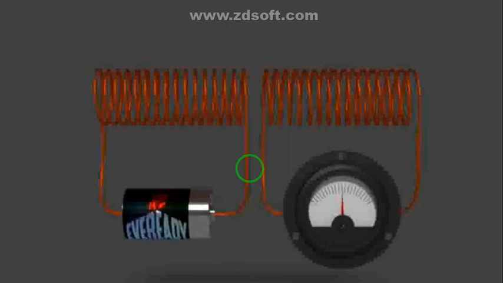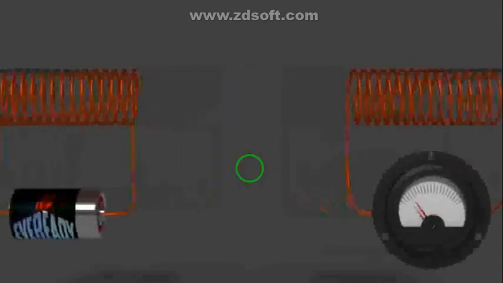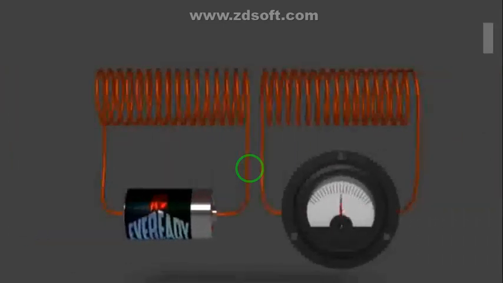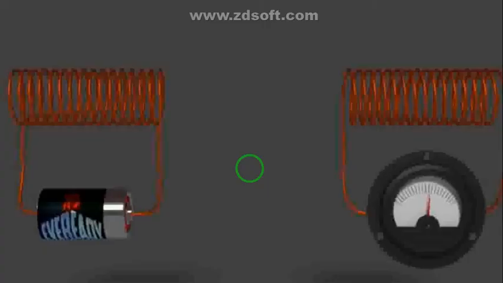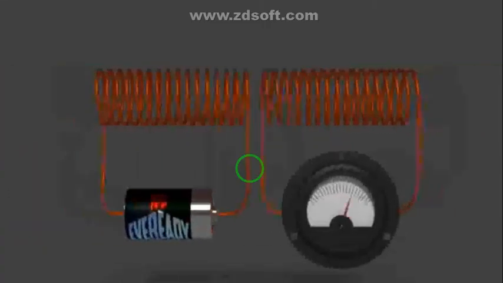That means when the two coils come closer, the rate of change of flux linkages increases. That means when two coils come closer, there are more flux linkages. When the two coils go outside, the flux linkages are reduced. So when the two coils come closer, the rate of change of flux increases. When they go away, there is a decreased rate of change of flux linkages.